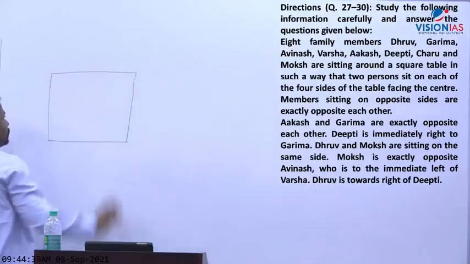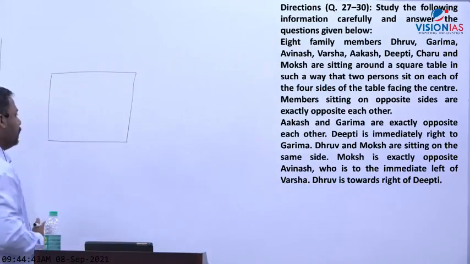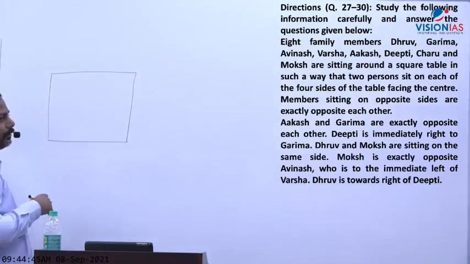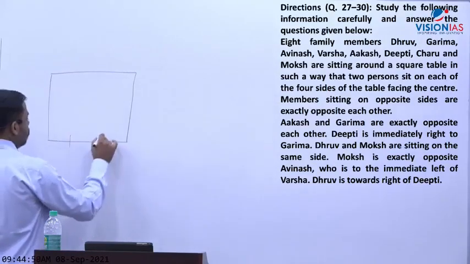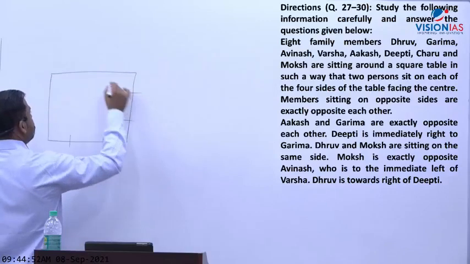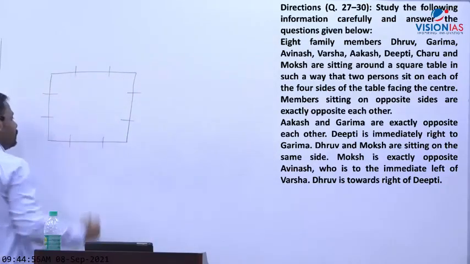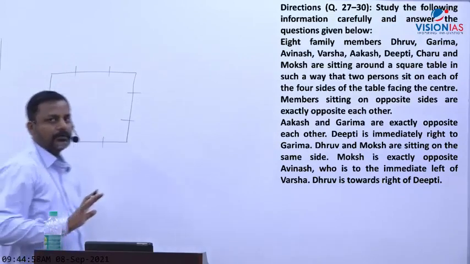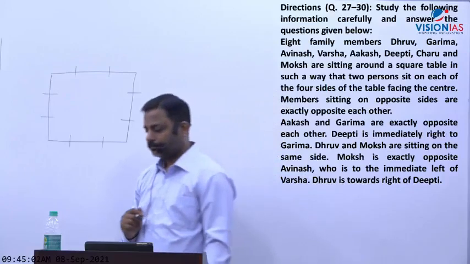In case of square arrangement, you will be given that 8 persons are sitting around a square table, 2 on each of the sides. Here we have to understand which side is right and which one is left.